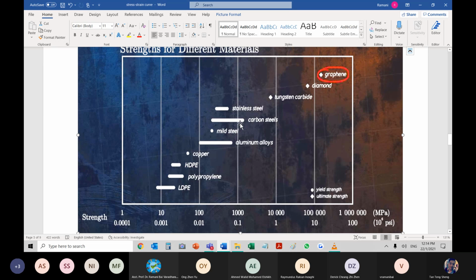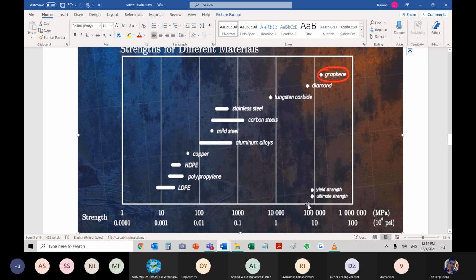Carbon steels, a mix of carbon steels, can go up to 1000 plus. Above all, diamond and graphene. If you want to build the strongest, the strongest expensive materials are diamond and graphene. Diamond is the strongest material. It can be used as a cutting tool, right?